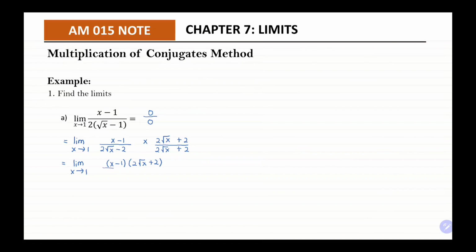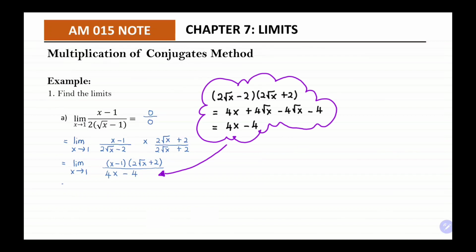Divide by, the denominator is the same, so we solve. 2 times 2 is 4, √x times √x is x, minus plus with minus, and 2 times 2 is 4. Then we solve. Limit x approaches 1, (x - 1)(2 + √x) divided by (4 - x).